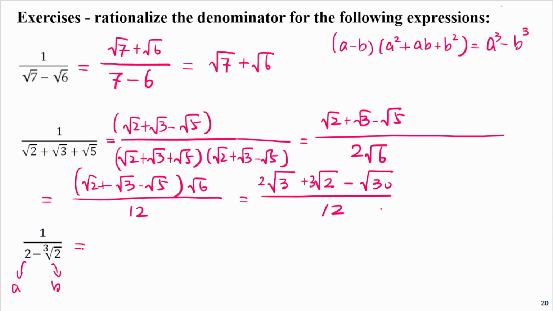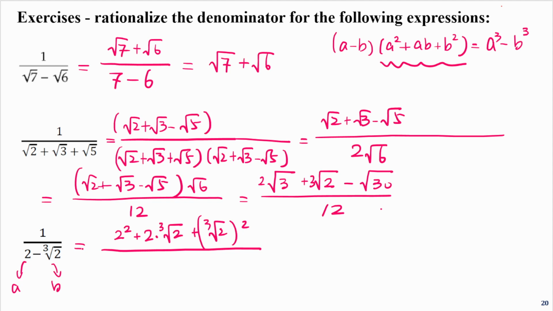So how about we multiply both numerator and denominator using this term here, which is 2 squared plus 2 times cubic root of 2 plus cubic root of 2 then squared. Then the denominator becomes the first number cube, which is 8, minus the second number cube, which is 2, right? And then as you can see here, the denominator is rationalized.